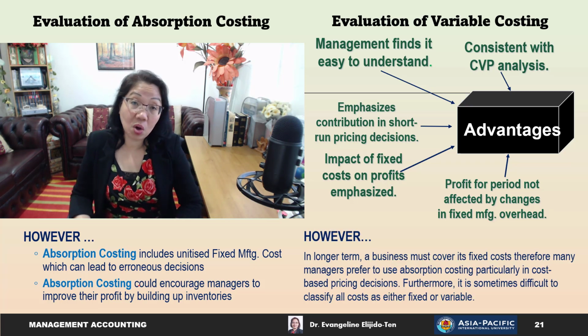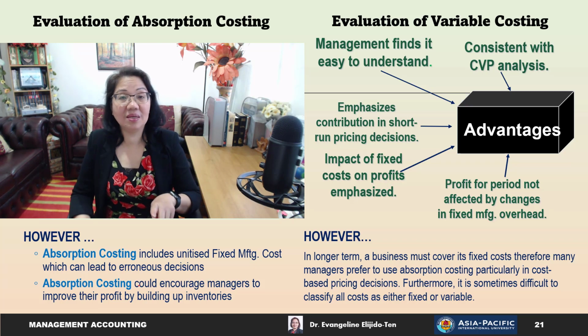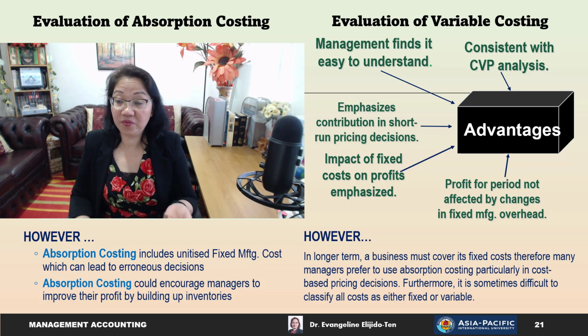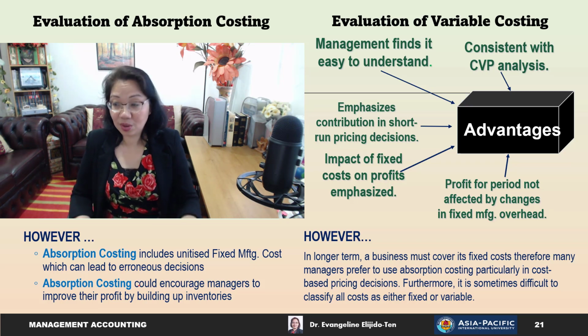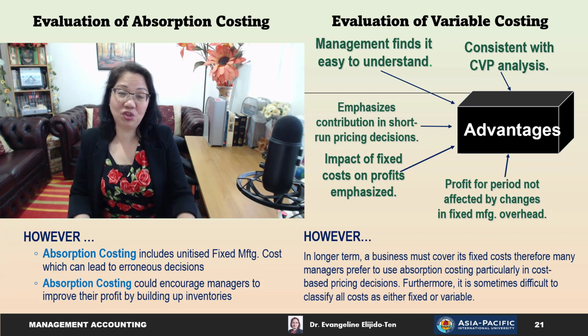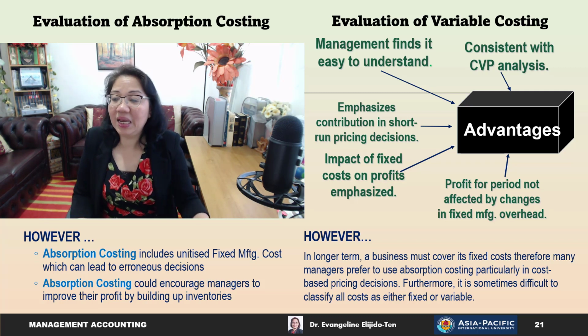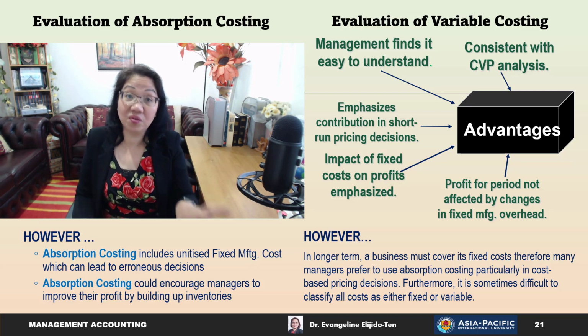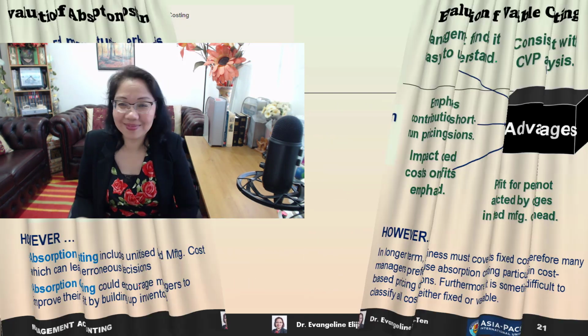However, in the longer term, a business must really cover its fixed costs. Therefore, many managers prefer to use absorption costing, particularly in cost-based pricing decisions. And furthermore, it is sometimes difficult to classify all costs as either fixed or variable.